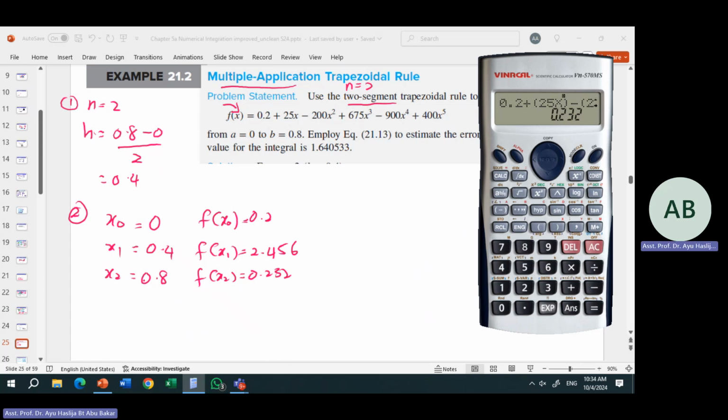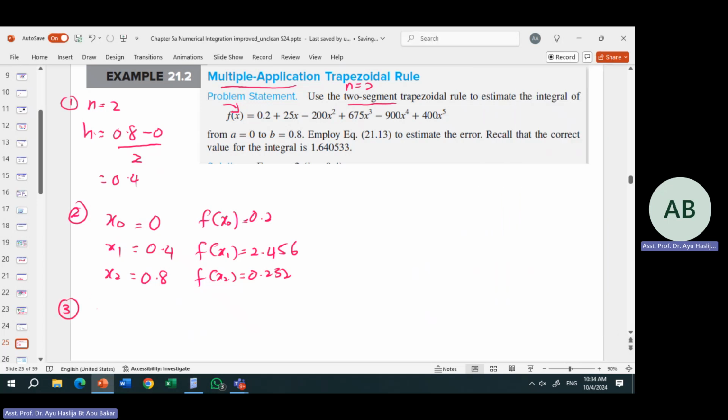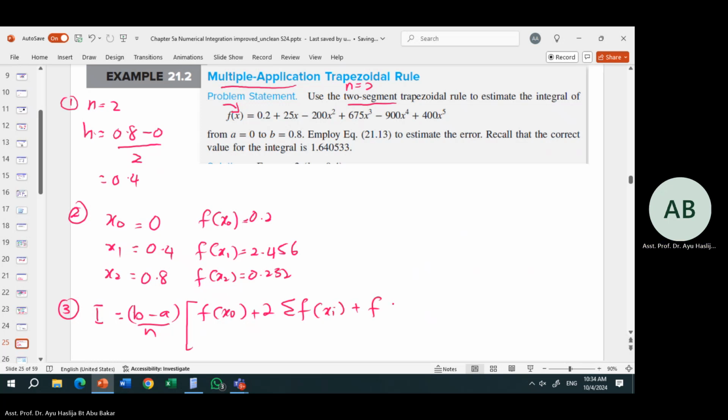Okay, so once you have all the values, x's and f(x)'s, sub into the main equation of integration, multiple application. Formula will be given, yes.